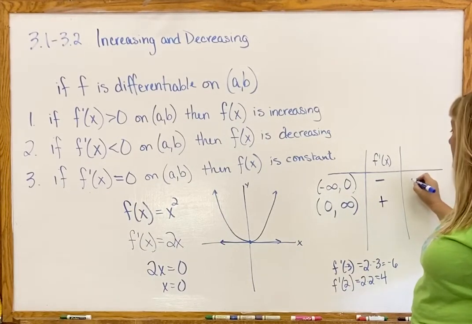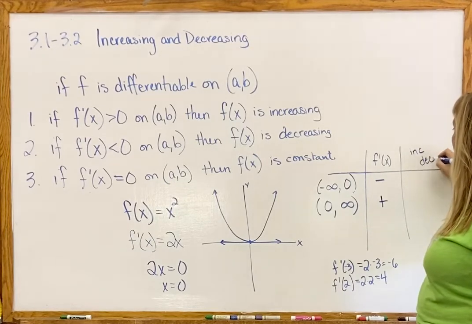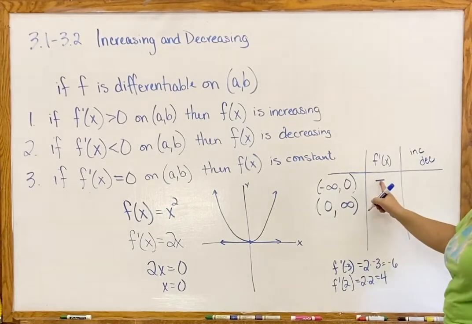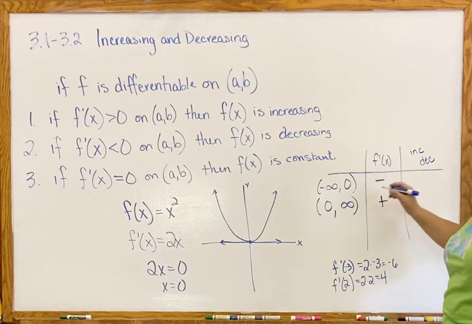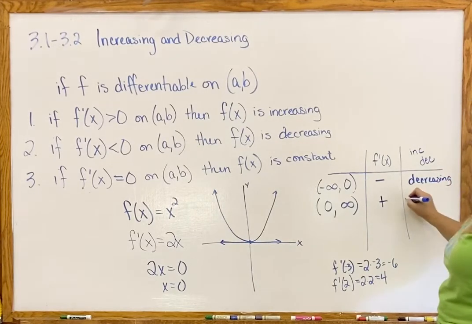So that means we can do one more column here that will tell whether we are increasing or decreasing. Since this was negative, this interval is decreasing, and this interval is increasing.